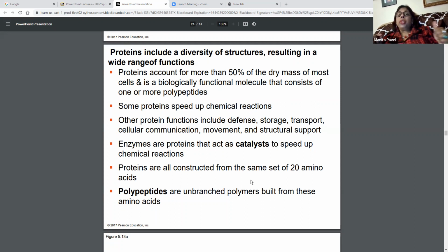The first thing a protein does is act as an enzyme, and enzymes act as catalysts to speed up a chemical reaction. Other functions proteins perform are defense, storage, transport, cell-to-cell communication, movement, and giving structural support to the cells.